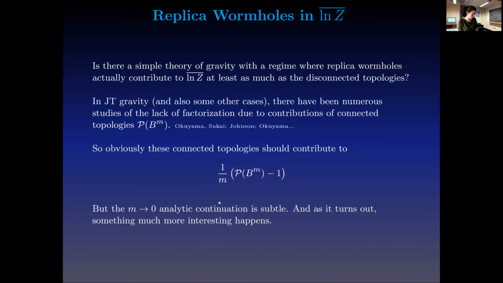But so far that's easy, given the work of these authors. But the m goes to 0 analytic continuation is actually pretty subtle. And remember, we need to go to m goes to 0 of this thing. And m goes to 0 is a confusing limit, and as it turns out, something much more interesting actually happens when you take that limit.